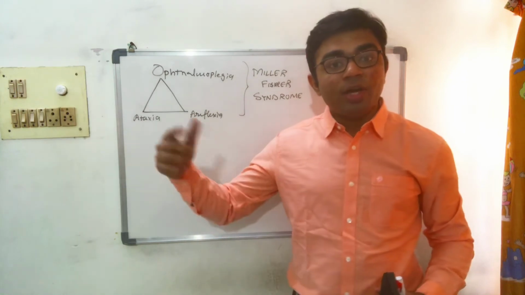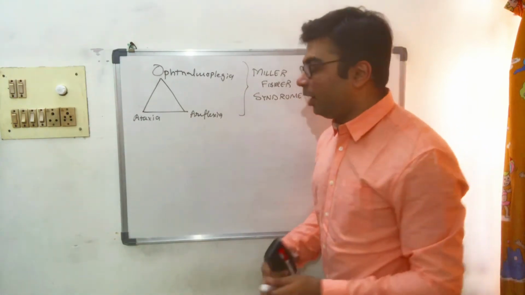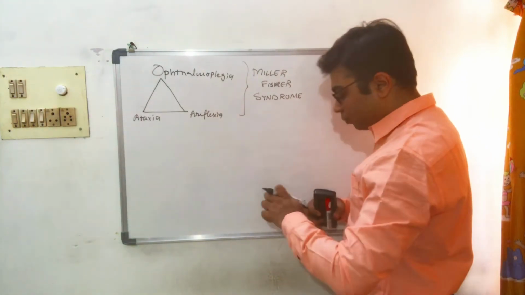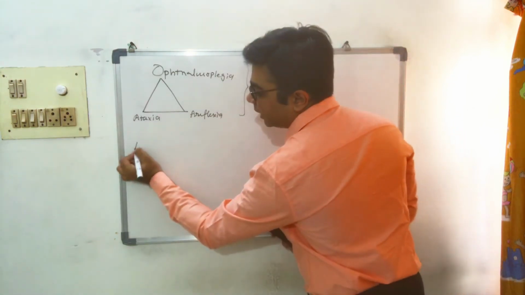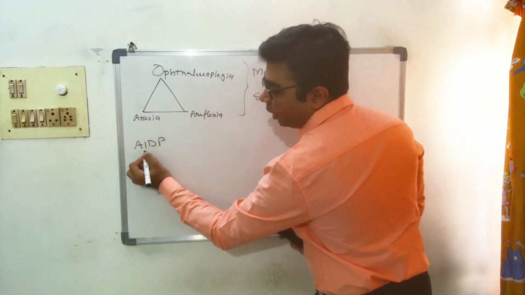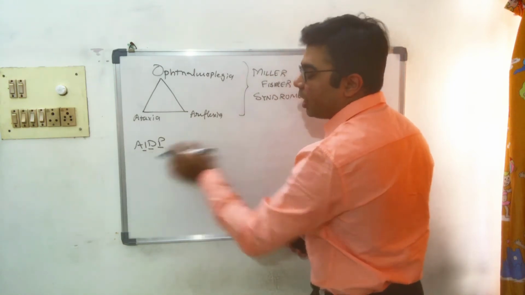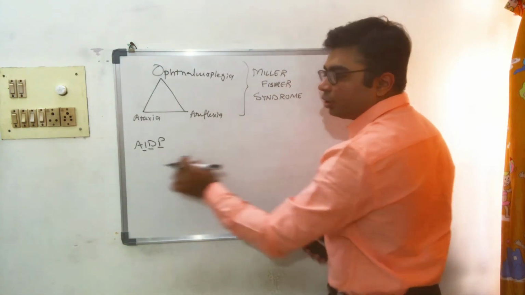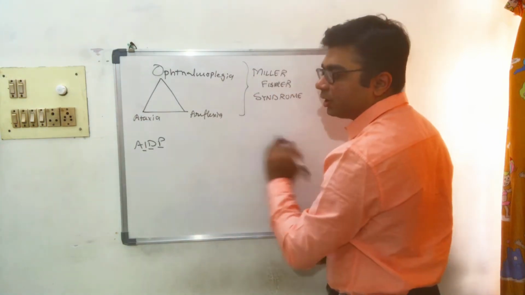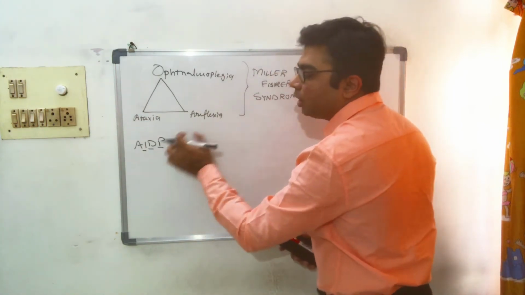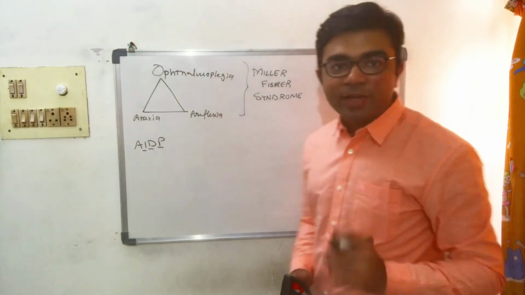That is, more than one peripheral nerve is affected, or I can say they are under the pathology. So inflammatory demyelinating polyneuropathy: inflammation is also there, the myelin sheath is ruptured, so demyelination is there, and polyneuropathy, that is, more than one peripheral nerve is affected.